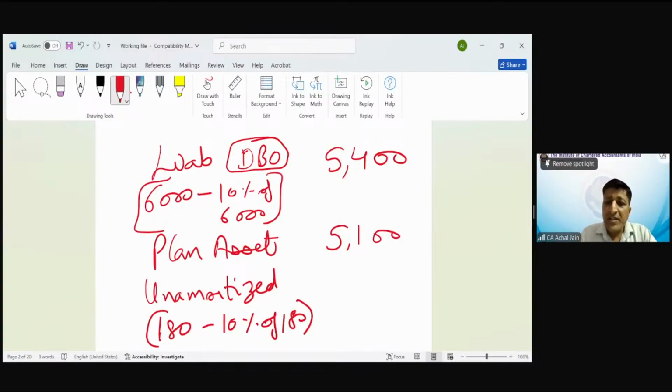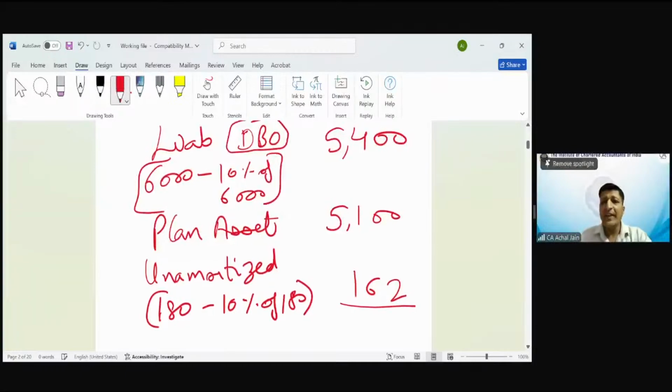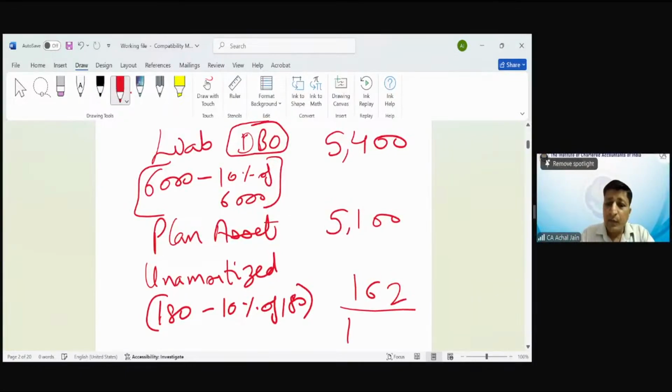So this is what has been done. That's why the net liability that you present will be 138. Now clear on this? Yes, sir. All right. Great.